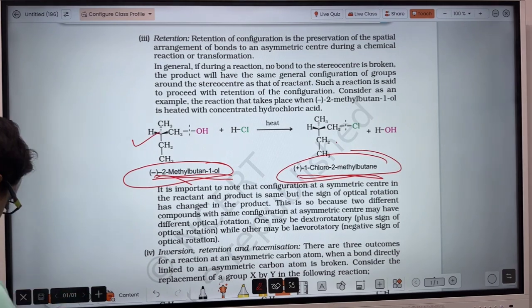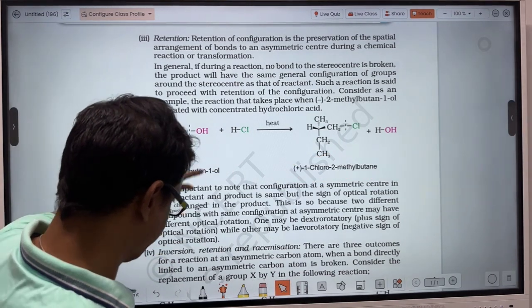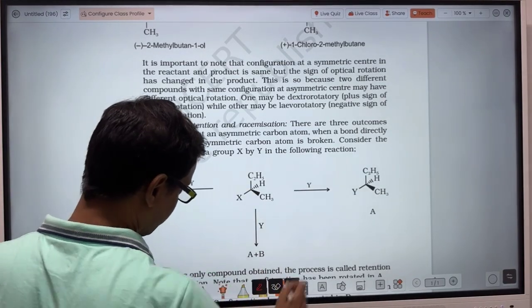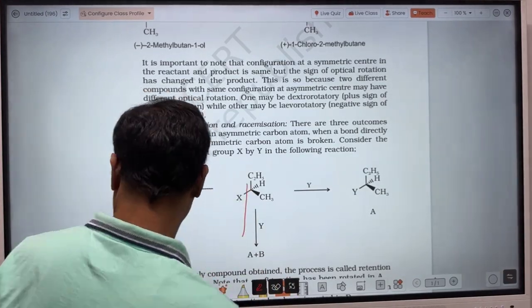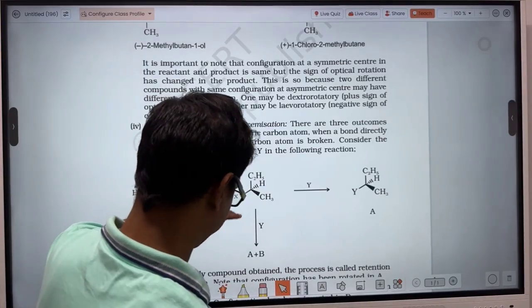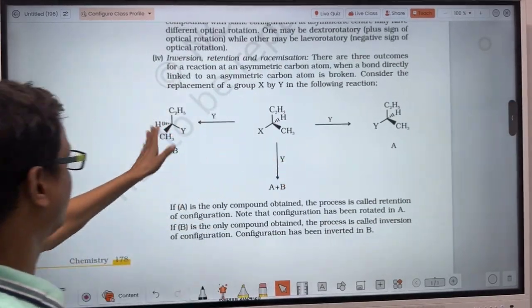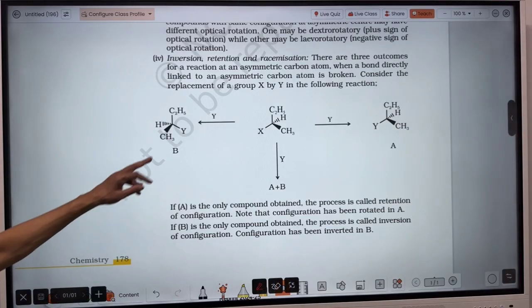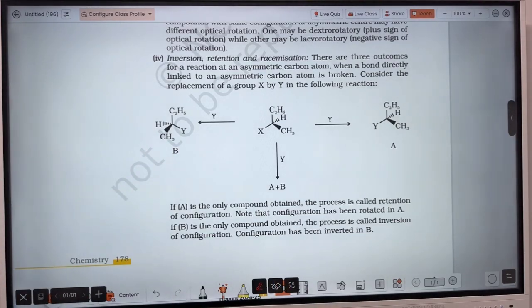Now let's see, when there will be inversion of configuration, what happens here? In this case, this molecule, A and B here. I have already taught you how inversion of configuration occurs: if the nucleophile approaches the alpha carbon atom from the backward side, there will be inversion of configuration.